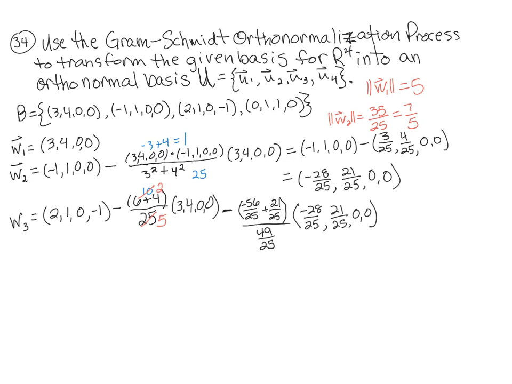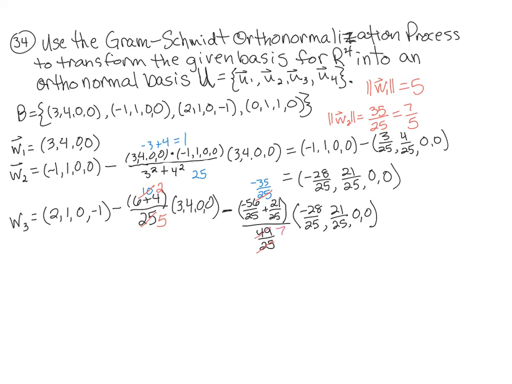Now, when I add right here, I've got 25 in my denominator. Negative 56 plus 21 is going to give me negative 35 over 25. Now let's look and see what happens here. The guy on the bottom flips. The 25s will cancel. 49 and 35 are both multiples of 7.